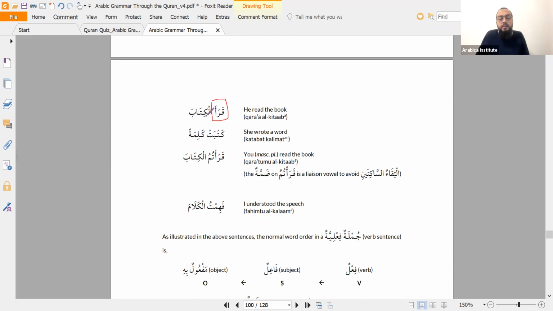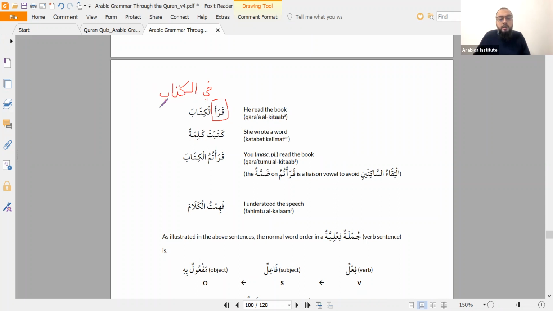This al-kitaba, the maf'ulun bihi, is not part of the jumla, right? Because the Arabs make the distinction between what they call the jumla and what they call the fadla. The fadla is everything else outside the jumla that just adds meaning. So for example, if I say qara'a fil kitabi, you read in the book, excuse my handwriting.